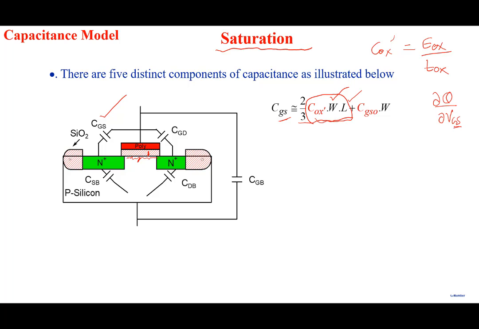And the 2/3 comes about because it's not a simple parallel plate capacitor, right? Normally you have a gate, you have this thing and the other thing, and there's a fixed d, and so you write C equal to epsilon by d.